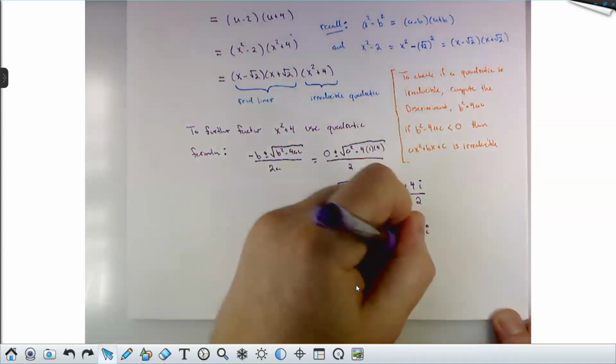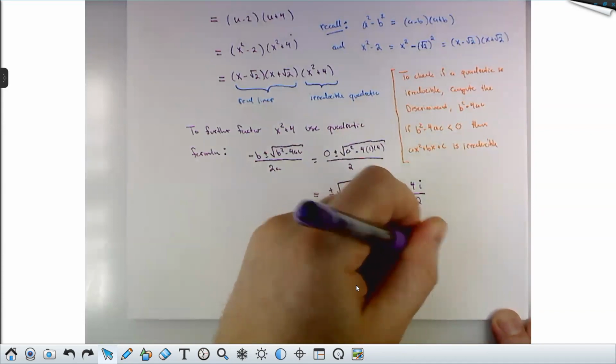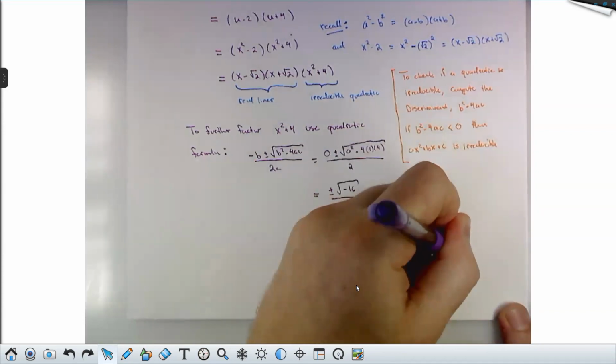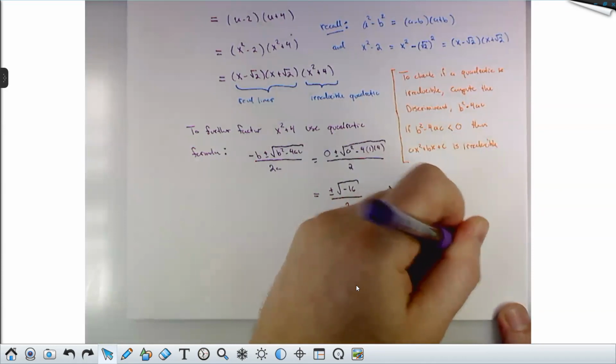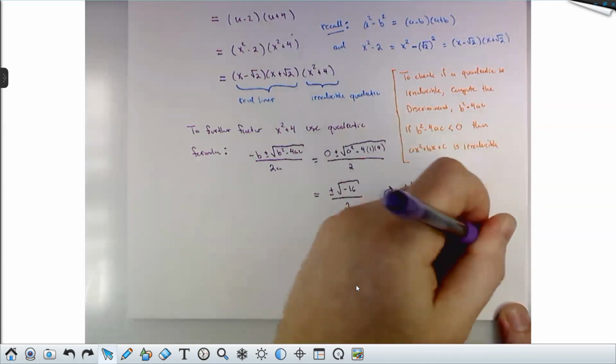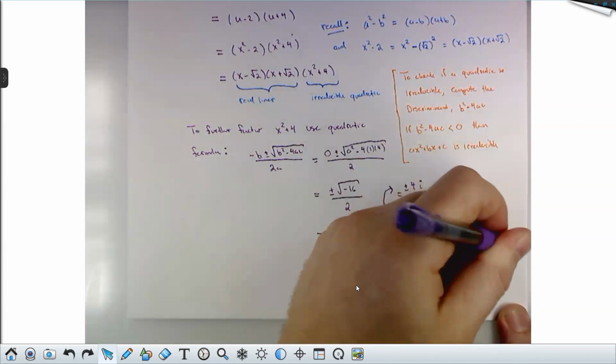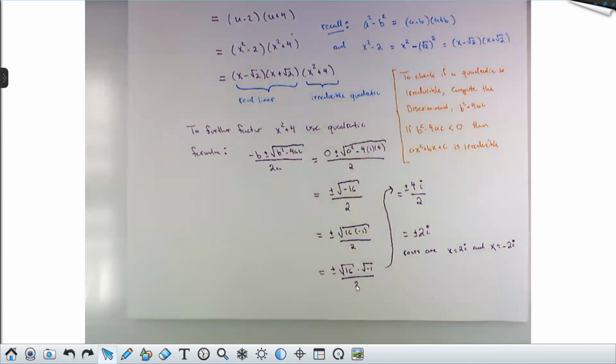In other words, the roots are x equals 2i and its complex conjugate negative 2i. In fact, the reason complex roots always come in complex conjugate pairs is because of the way the quadratic formula works. Because every polynomial can be broken down into real linear factors from which real roots will come, and irreducible quadratic factors from which complex roots will come.